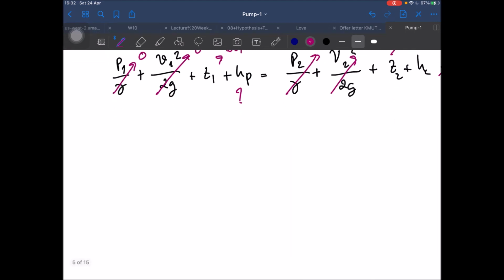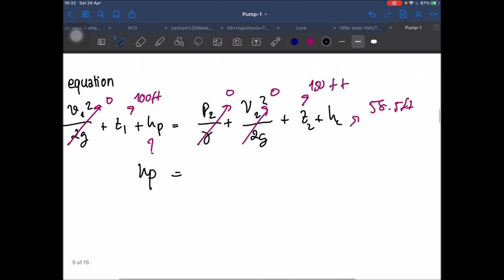So now we can find the HP, equal to everything combined together. Okay, so now we have 108.5 feet.